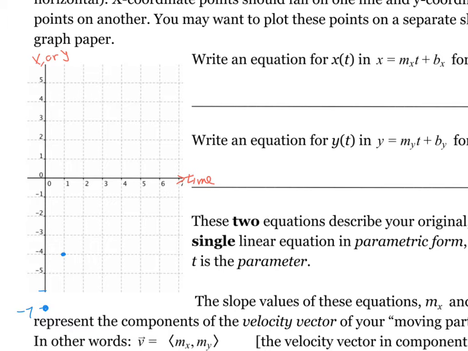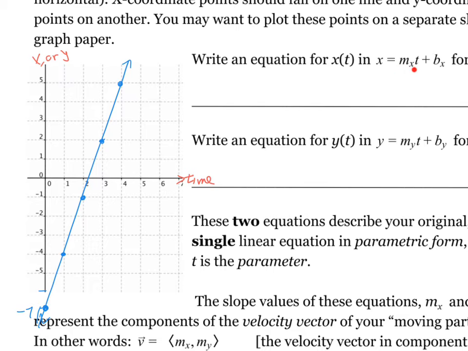This creates a series of points that go up by 3 with each step to the right, and that forms a line. I can graph that with my straight edge, and I can write an equation for that.